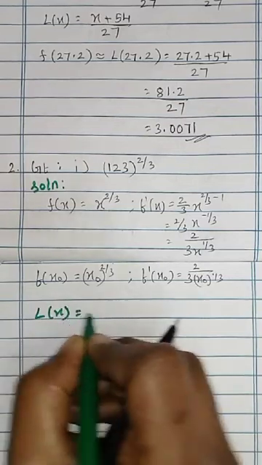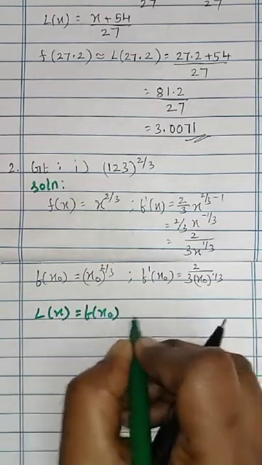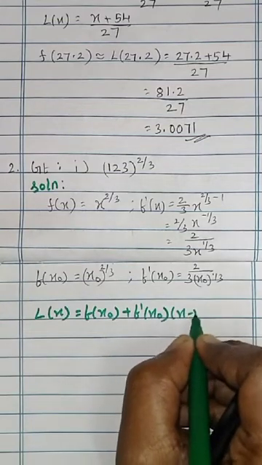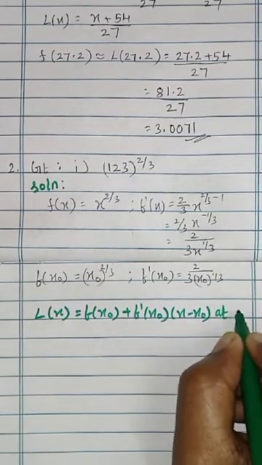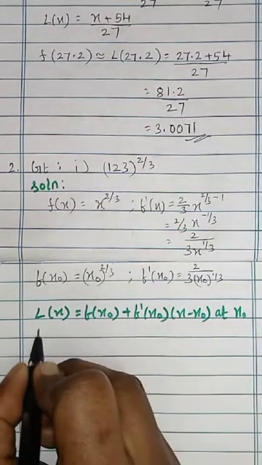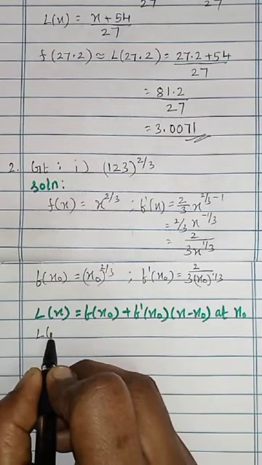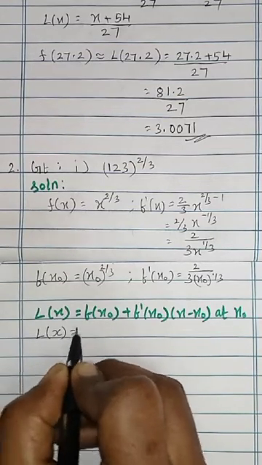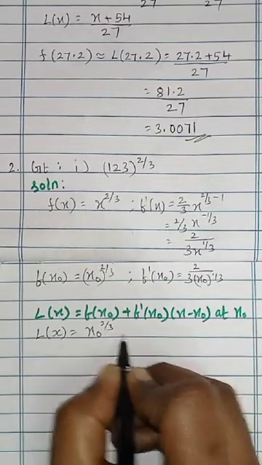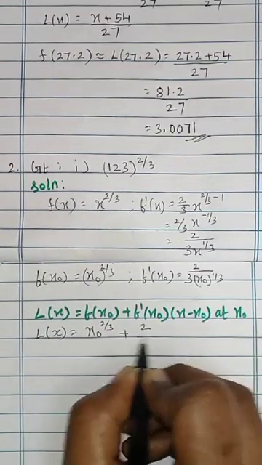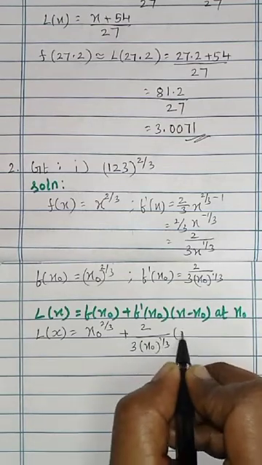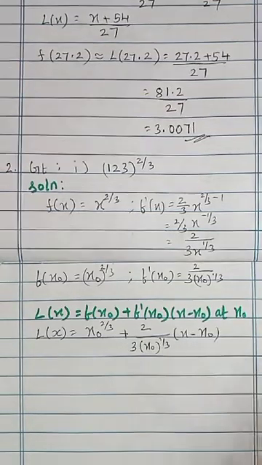What is the formula? f of x naught plus f dash of x naught into (x minus x naught) at the point x naught. Now we are going to substitute these values as in your previous problem. So f of x equals x naught power 2 by 3 plus 2 by 3 into x naught power 1 by 3 into (x minus x naught).